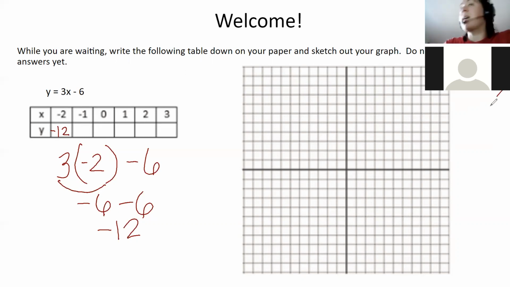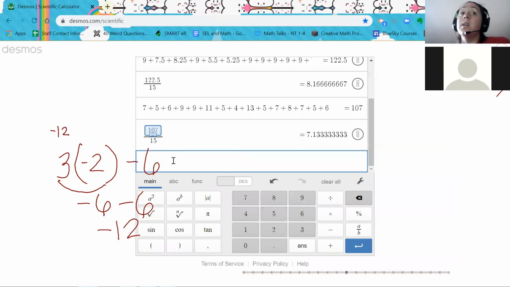Now, I don't think this graph goes up to -12, so you don't have to worry about that. If I were you, I would use Desmos. So we have 3x minus 6. So I would type in 3, and then the parentheses, minus 6.